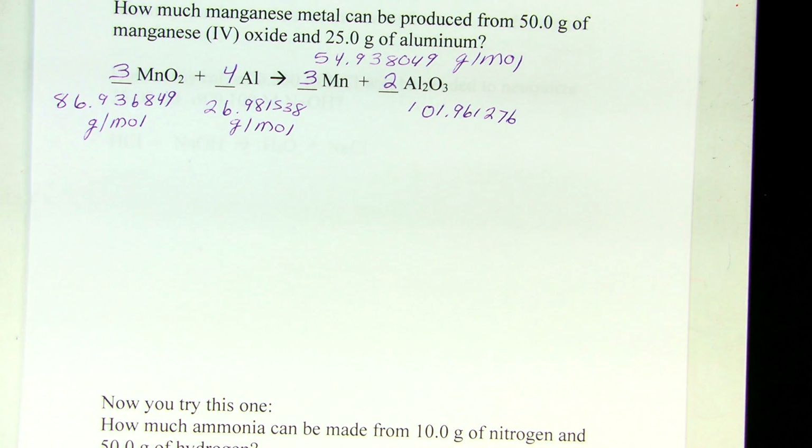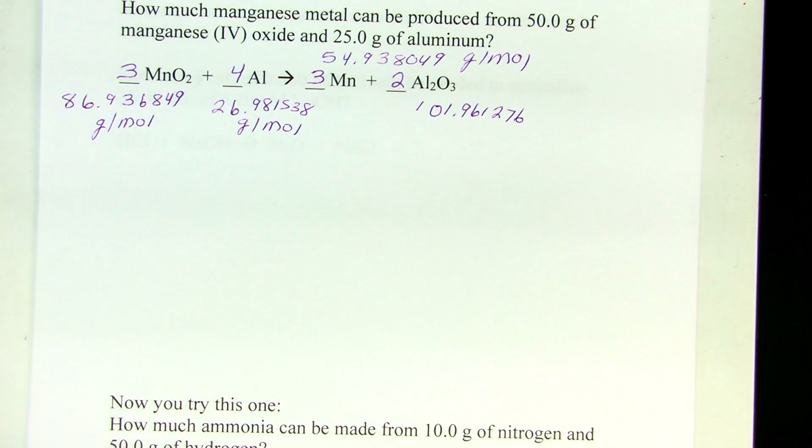Now what we're going to do is to do 2 calculations. We'll do one calculation, seeing how much manganese I can make if I use up all the manganese oxide, and then we'll do a second calculation to see how much manganese we can make if we use up all of the aluminum. Then we compare the 2, and we choose the smaller answer.